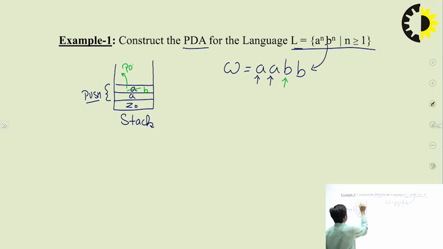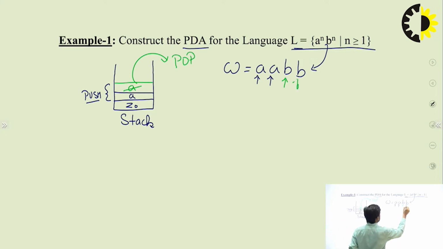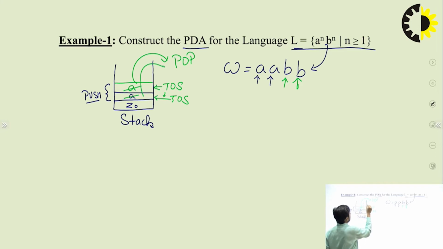Now, on seeing the second B, the top of the stack is the second A, and this A will also be popped.